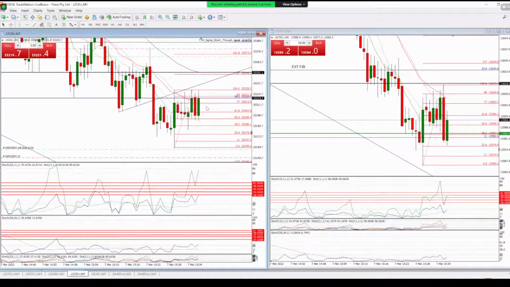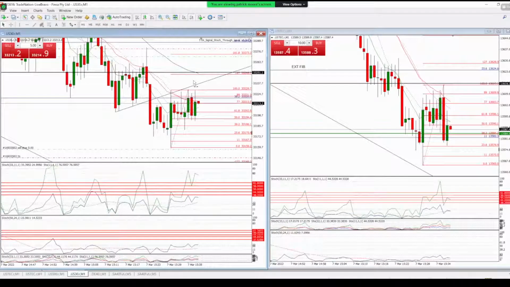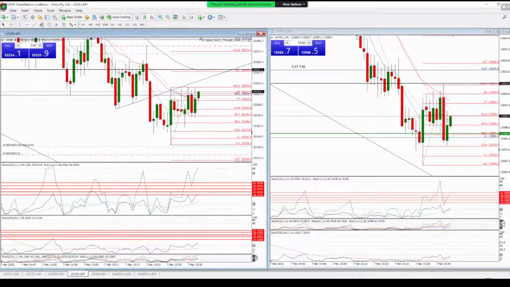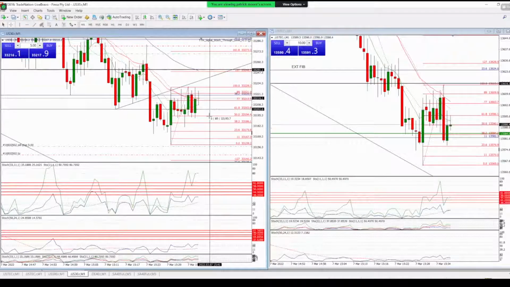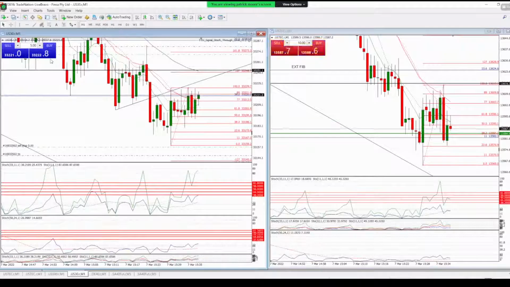I'm taking that trade. Ideally, I want this 5-minute close above the 22, break previous candle high. Aim for that 50. That range 61 for 50 is not good for the retracement.